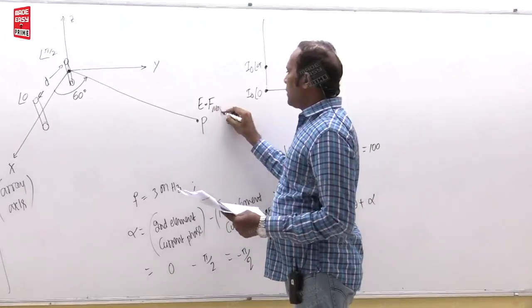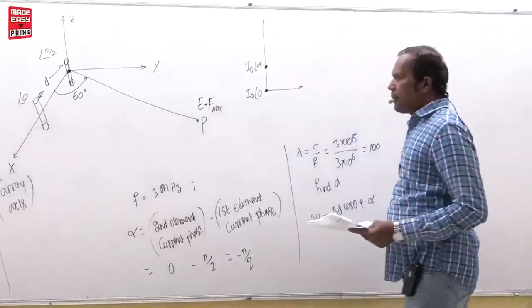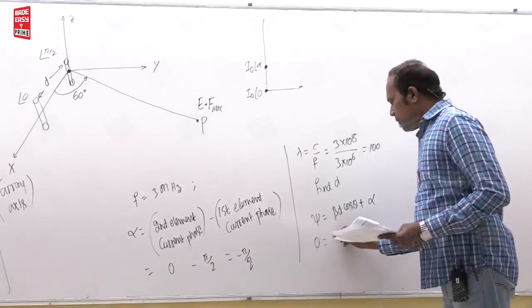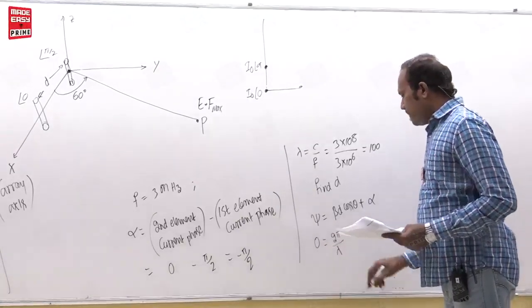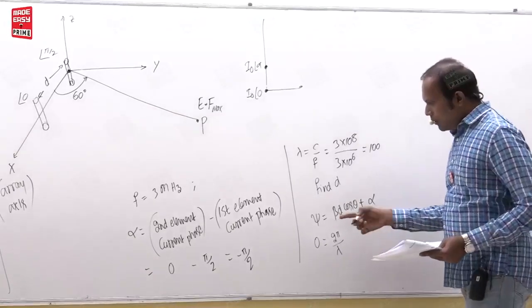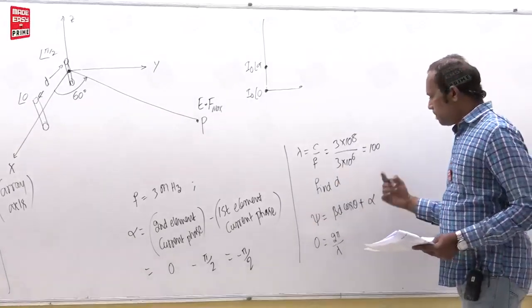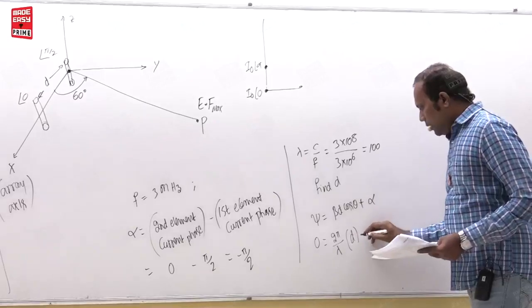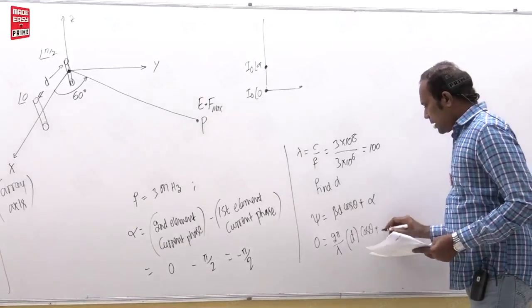Electric field maximum. For electric field maximum, psi is 0. So psi 0, 2 pi by lambda, of course, lambda we found, into D cos theta plus alpha.